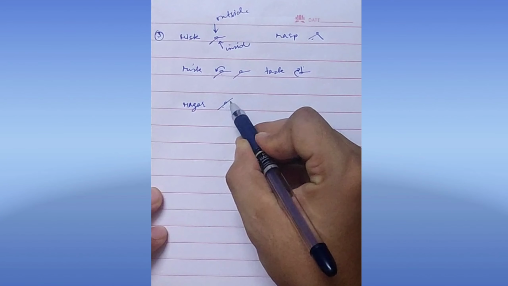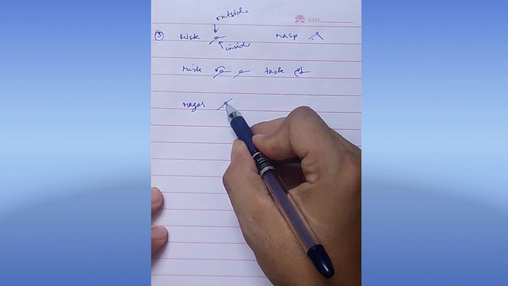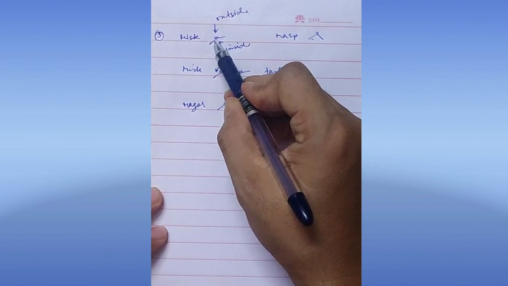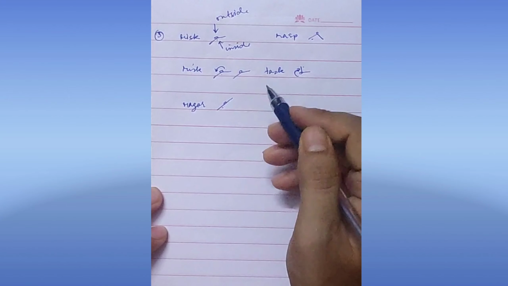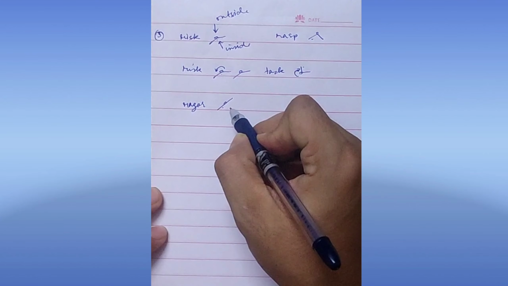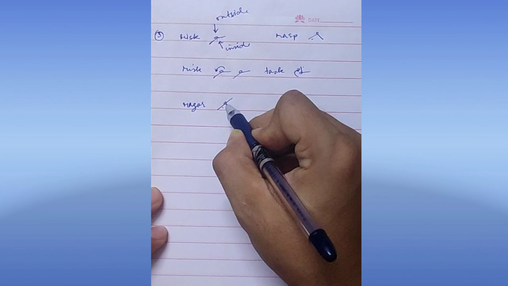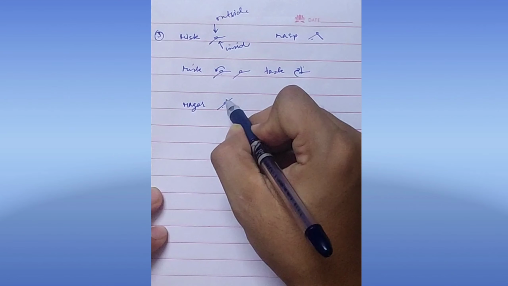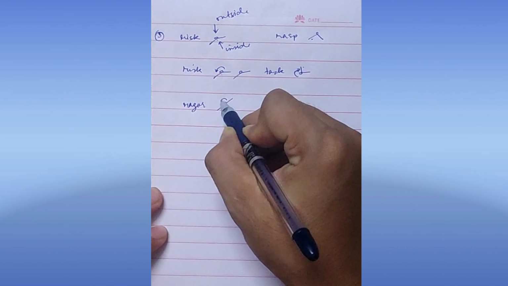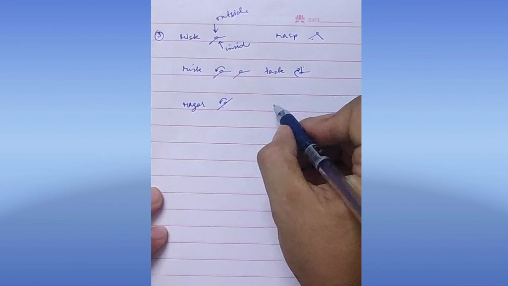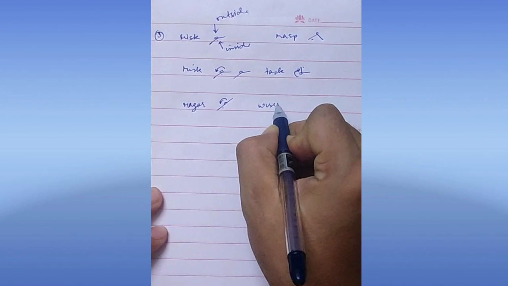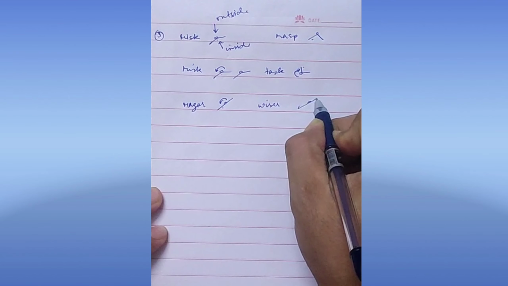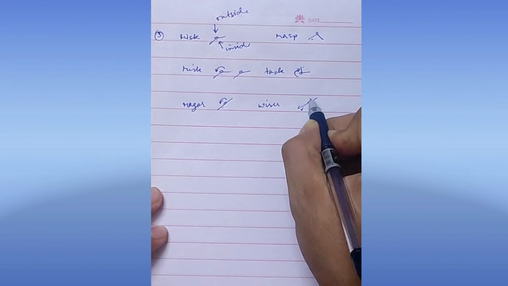When you join two straight strokes but they are not forming an angle, they didn't form an angle, in that case this circle is always written in the left motion. Another example, visor. This is in the left motion.